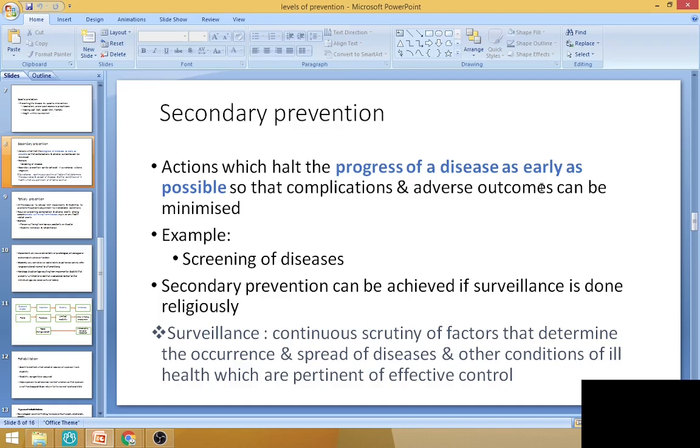Likewise, surveillance is continuous scrutiny of those factors which contribute to the occurrence of the disease, so that once we know them, we can give the proper, effective control method.